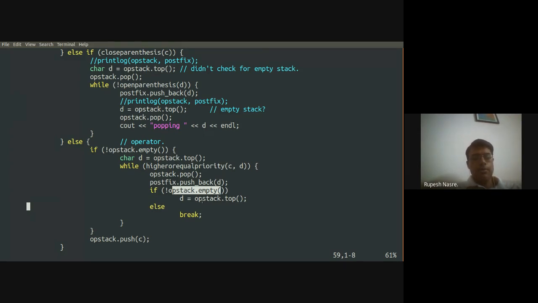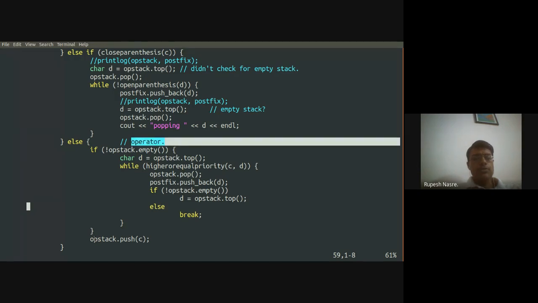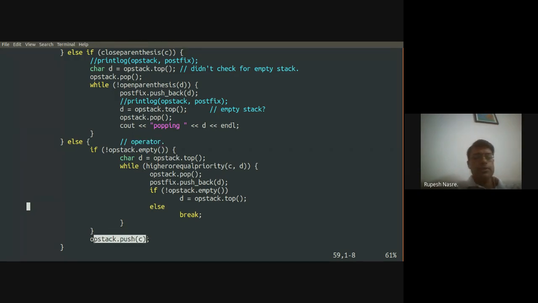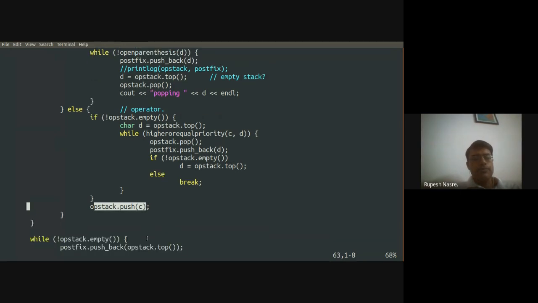If it is not empty, then we just peek at the top of the stack and we go on doing it. So we first check the priority and then pop the element, right? So that is important. And in the end, this particular operator that we are looking at needs to be pushed to the stack because there might be a higher precedence operator coming in future.